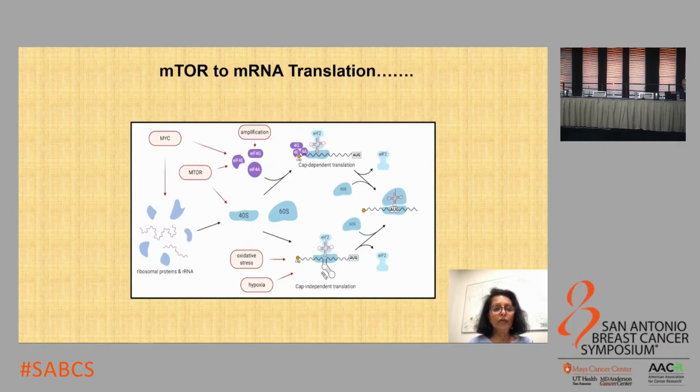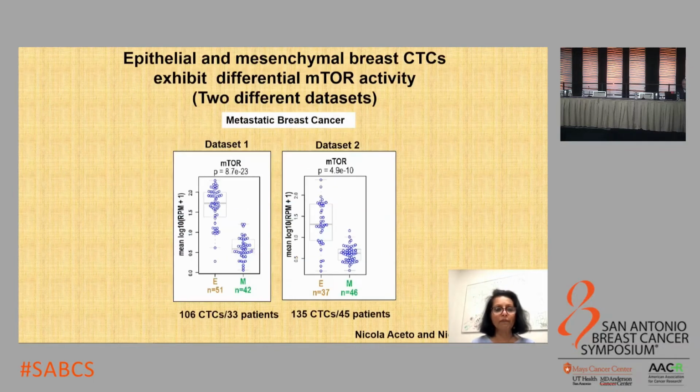Now, mTOR activation plays a major role in driving mRNA translation, and we wanted to see whether this mTOR activity would be higher in epithelial CTCs, which also exhibit increased levels of these mRNAs coding for structural ribosomal proteins. So we looked at two different single-cell RNA sequencing data sets from CTCs derived from breast cancer patients.